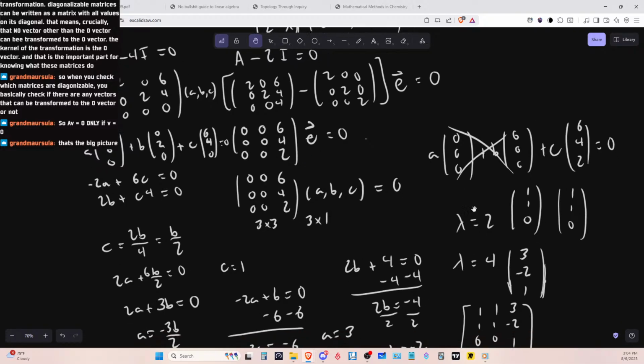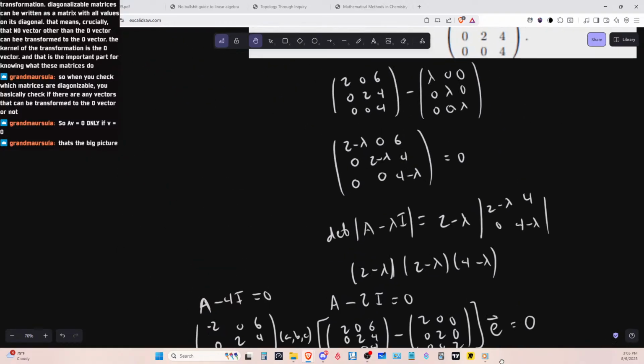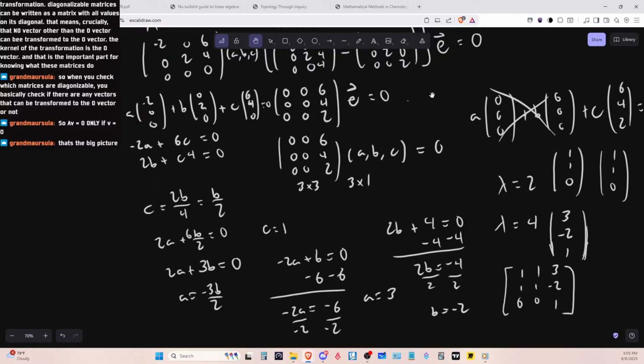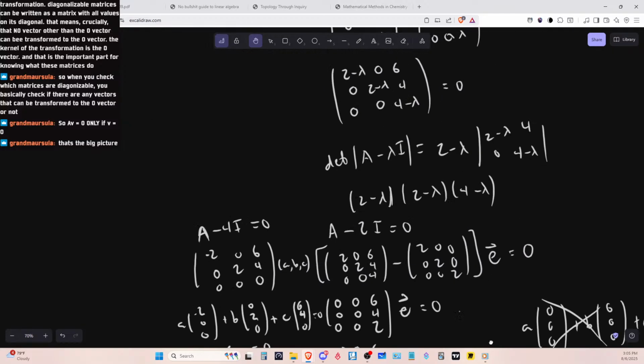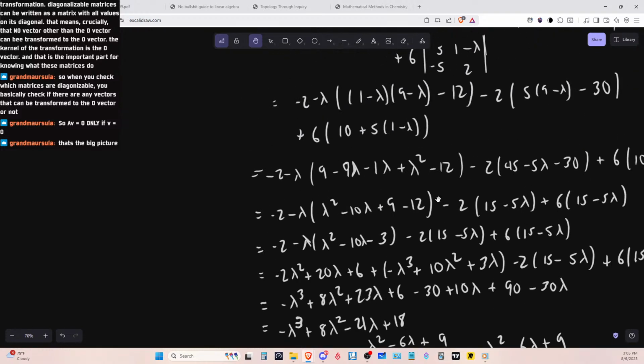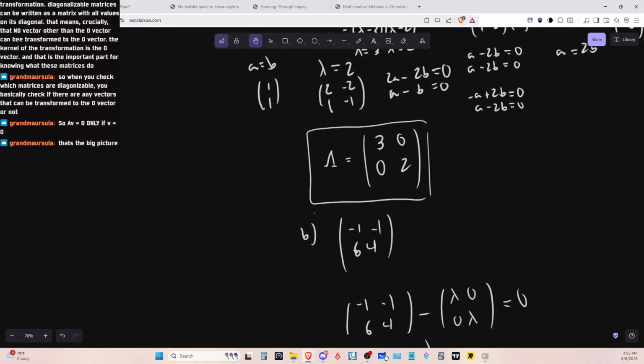So I'm guessing because we got these vectors here, does that mean that it's not diagonalizable? Because I remember the last time I did these problems, I got very fidgety with, where was it?